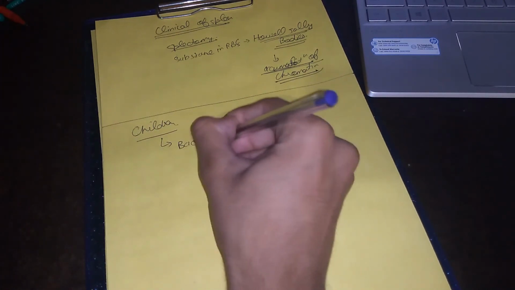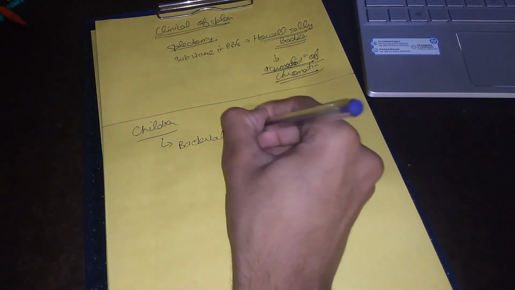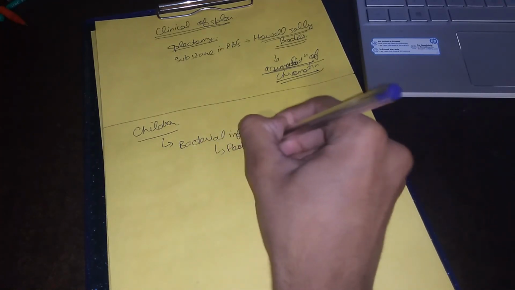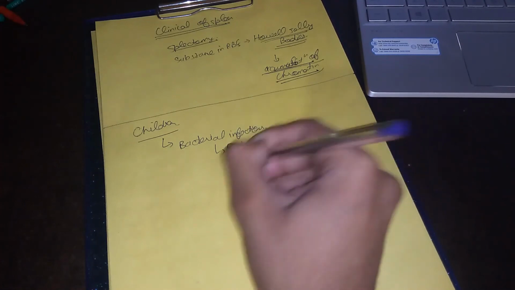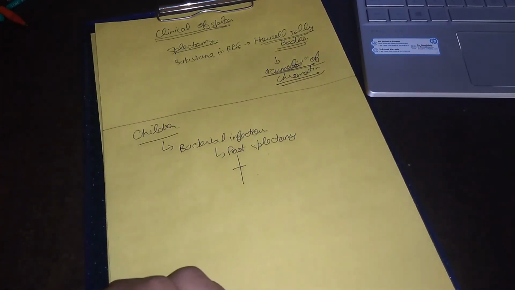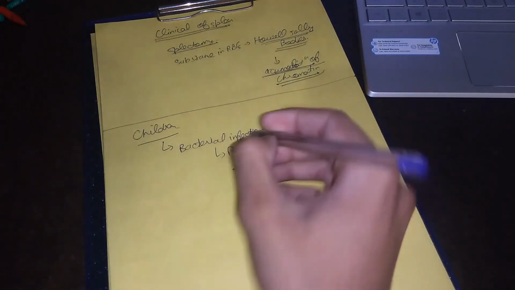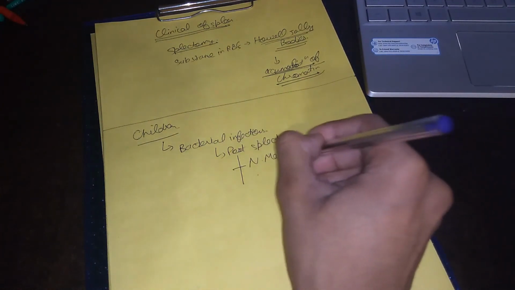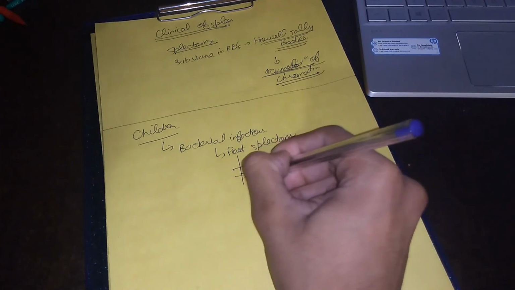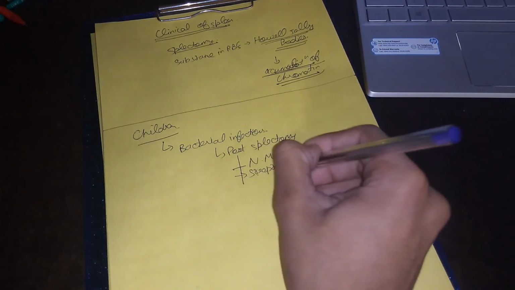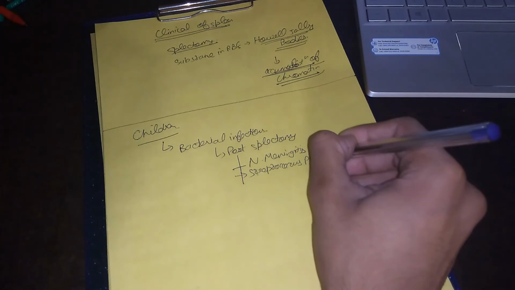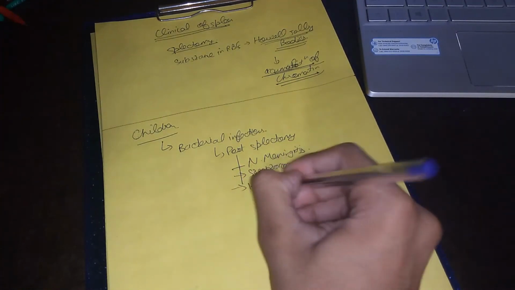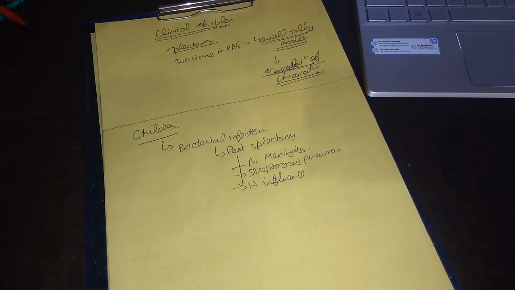Bacterial infections post splenectomy include bacteria like Neisseria meningitidis, Streptococcus pneumoniae, and Haemophilus influenzae. These are all capsulated bacteria.